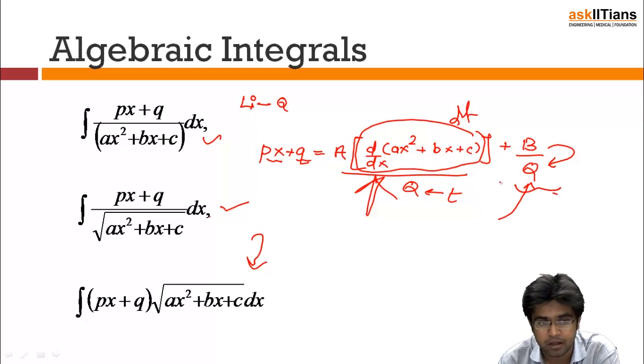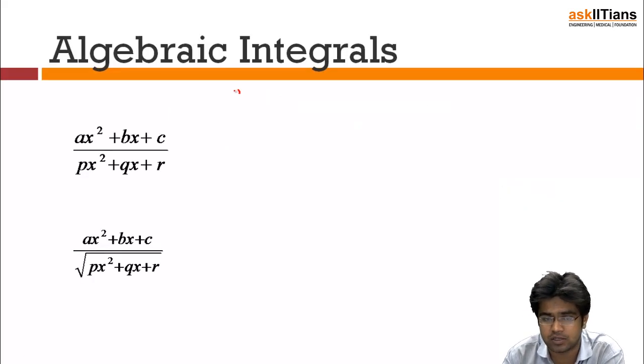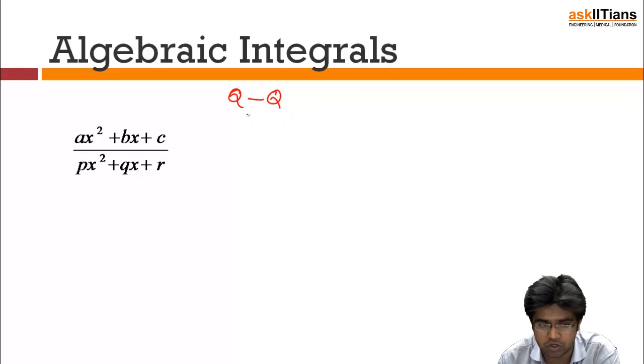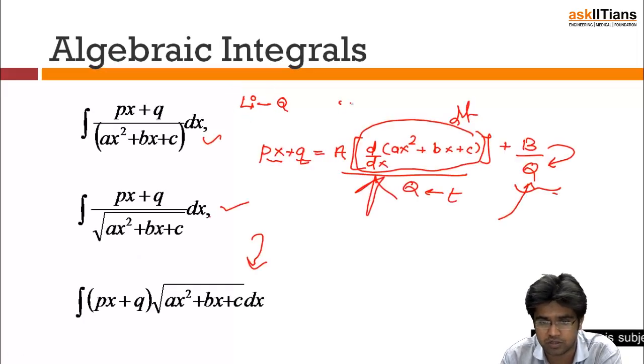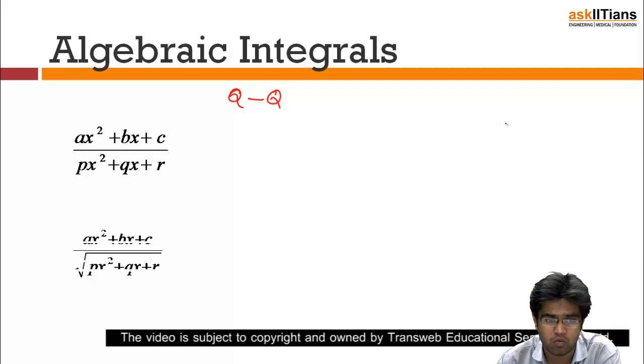Okay. Moving on to some more algebraic integrals, there are two more types when the quadratic is associated with a quadratic. When a quadratic is associated with a quadratic, we need to add one more term to our previous solution. Whatever our previous solution was, once with the differential and once with the constant, I need to associate one more term here.